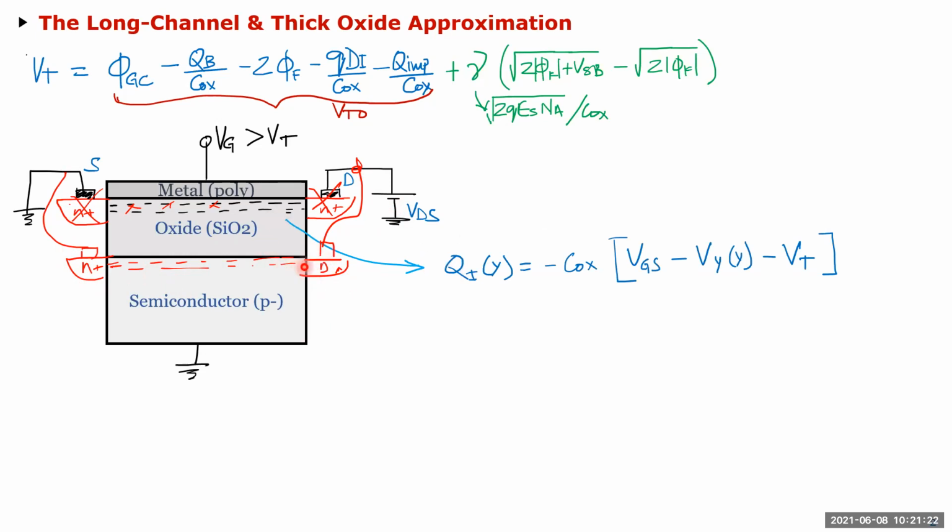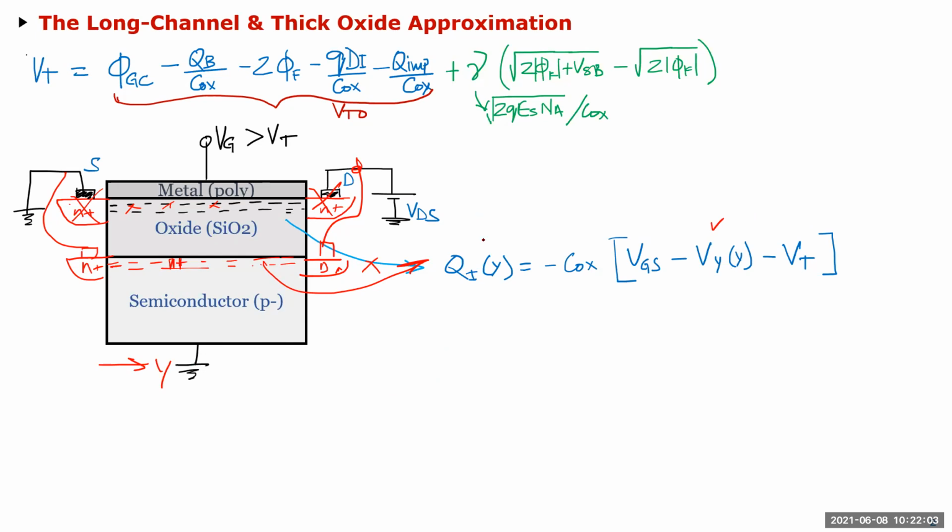So this channel is obviously from here. This is the channel, not this. And the channel charge is basically COX times the excess voltage, VGS minus VT, and whatever, because we're looking at the channel at a location Y. So at some location Y, whatever is the voltage VY, VGS minus VT minus that, times the COX, is your channel density, your electron density over here, right?